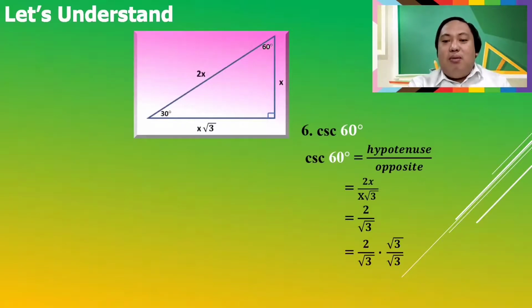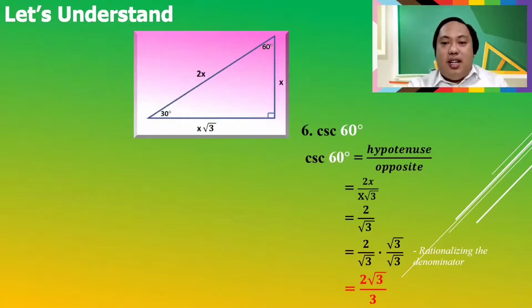Then, we have 2 over square root of 3 times square root of 3 over square root of 3 by rationalizing the denominator. Then, we have 2 square root of 3 over 3. Therefore, cosecant 60 degrees is equal to 2 square root of 3 over 3.